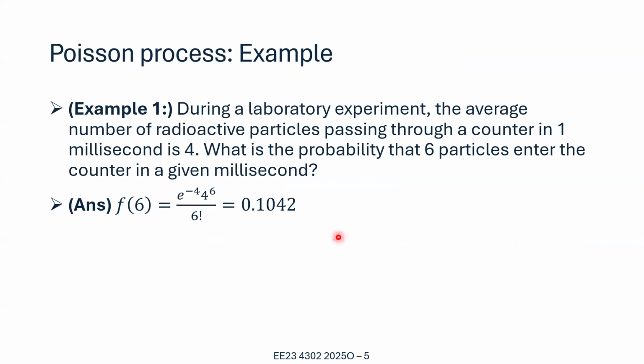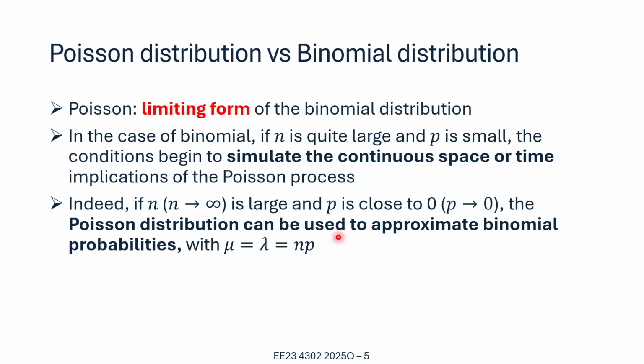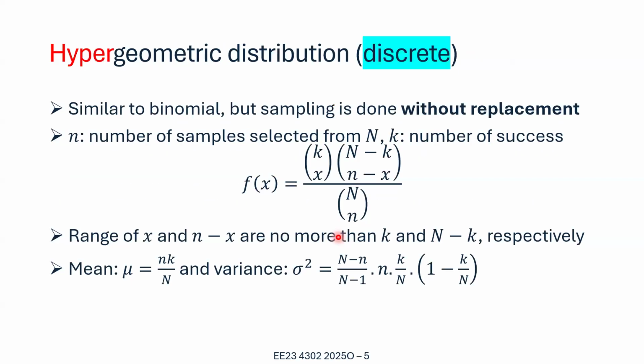So later we will see the relationship between these two. The next set of distributions that we have here, we have the hypergeometric distribution, which is similar to binomial, but here the sampling is done without replacement.